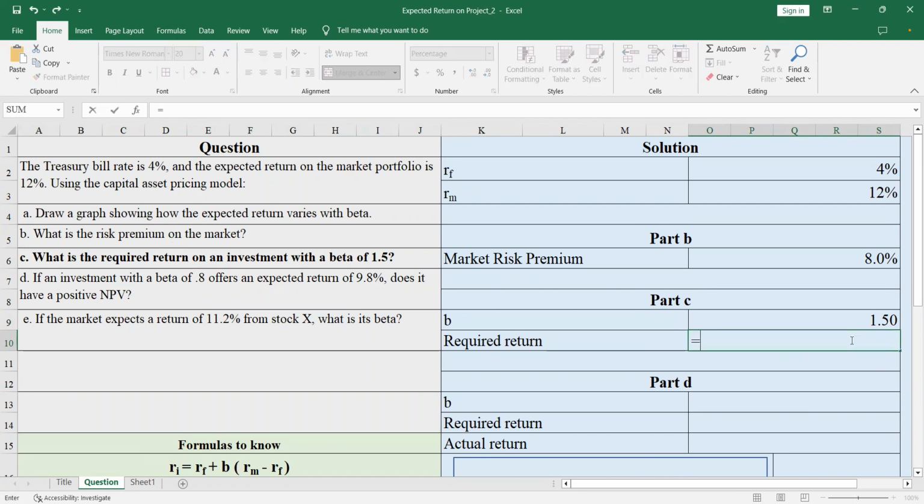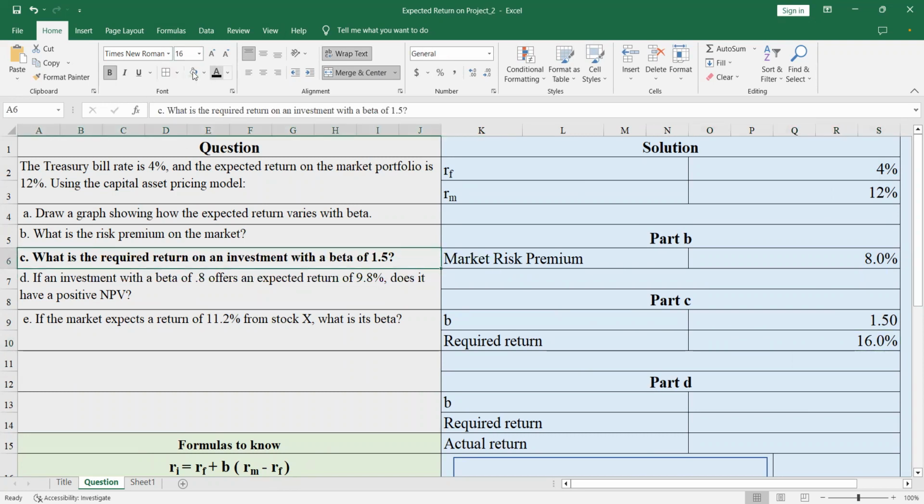Using the formula of CAPM, RF plus beta times RM minus RF, where RM minus RF is our market risk premium of 8%, the simplified formula is RF plus beta times the market risk premium. When beta is 1.5, the required return on this investment should be 16%. Okay. Next part.